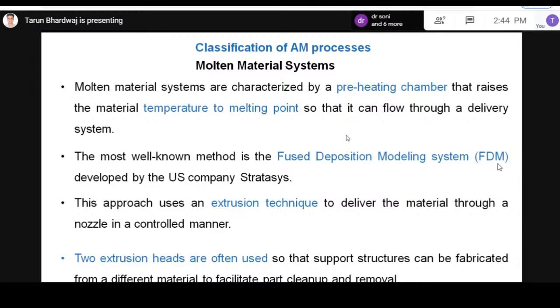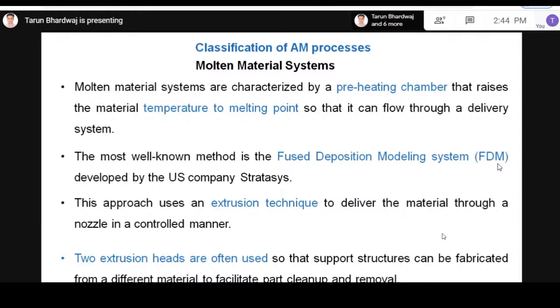This approach uses an extrusion technique to deliver the material through a nozzle in a controlled manner. We have a wire, we melt that wire, and the melted part is deposited on a substrate or any material. Two extrusion heads are often used so that a support structure can be fabricated. One nozzle is used for the support structure and one nozzle for the main part.